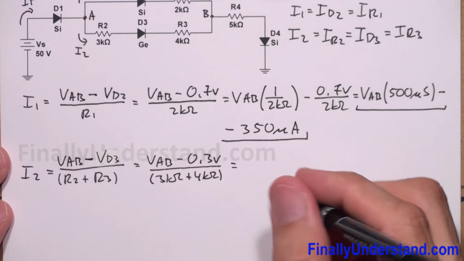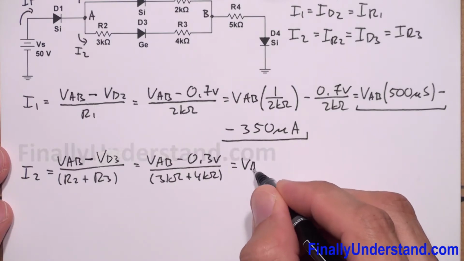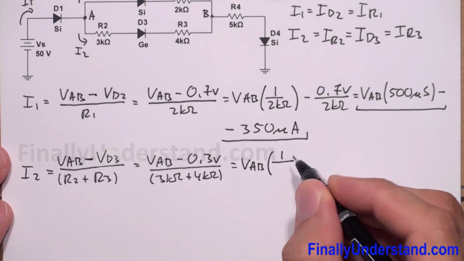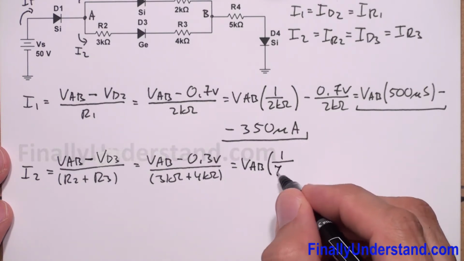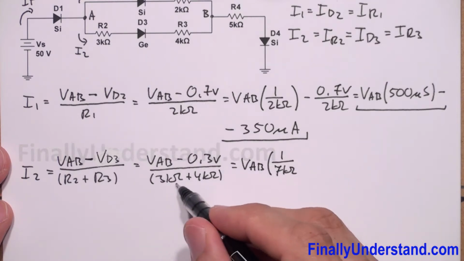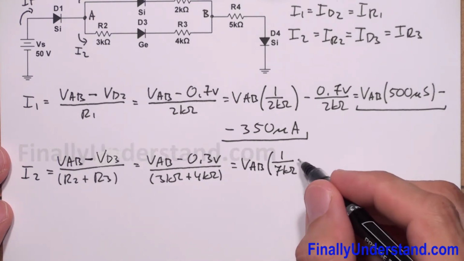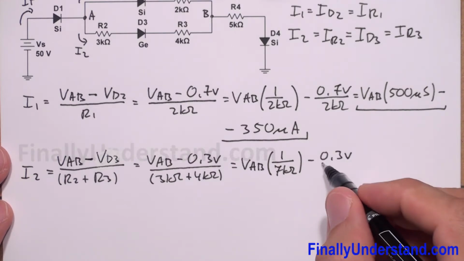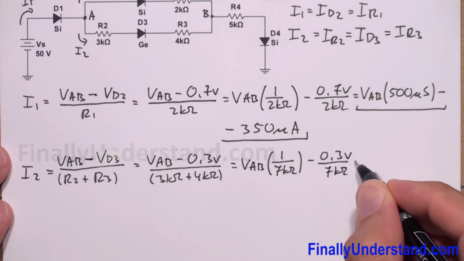This is VAB times 1 divided by 7 kilohms, because 3 kilohms plus 4 kilohms is 7 kilohms, minus 0.3 volts over 7 kilohms also.